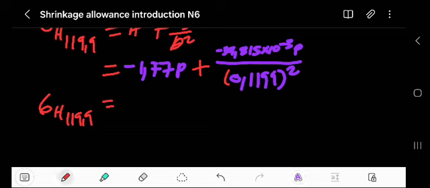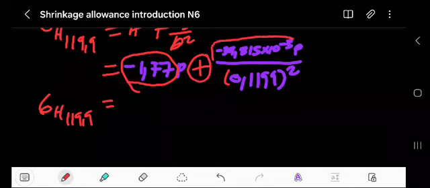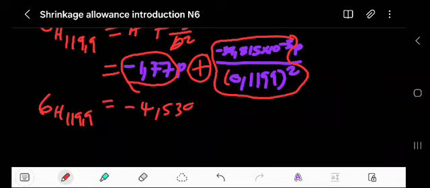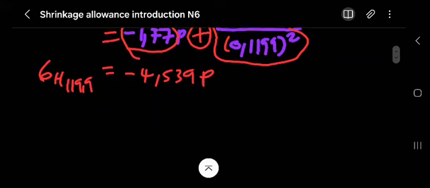Punch this and add the plus on your calculator also, then add those. After you've added those, you will get minus 4.539P. Okay, we have this now.